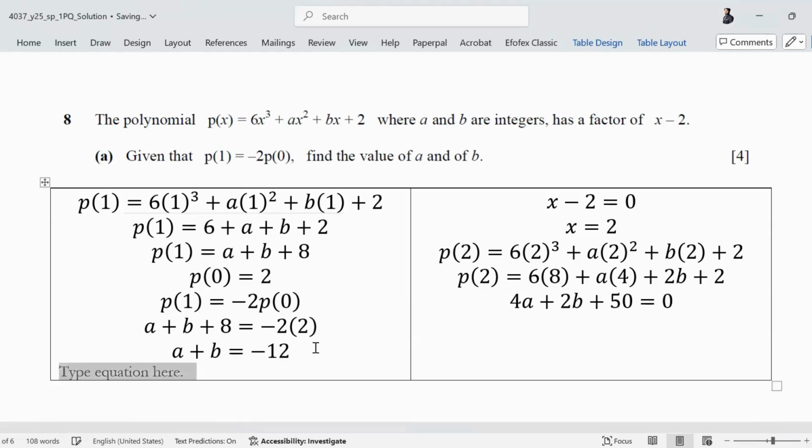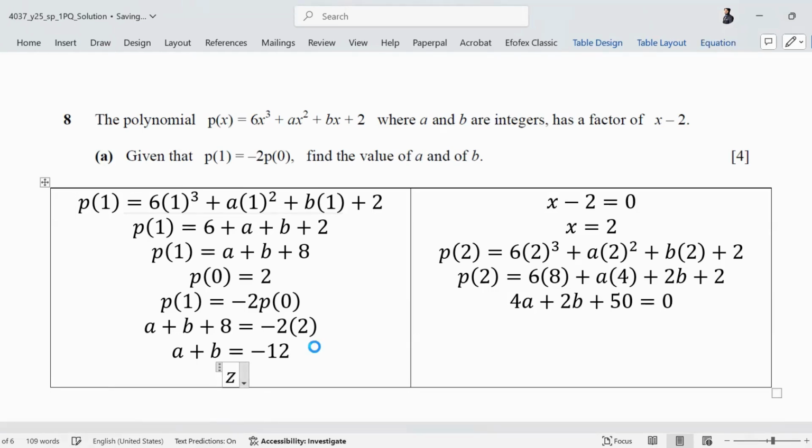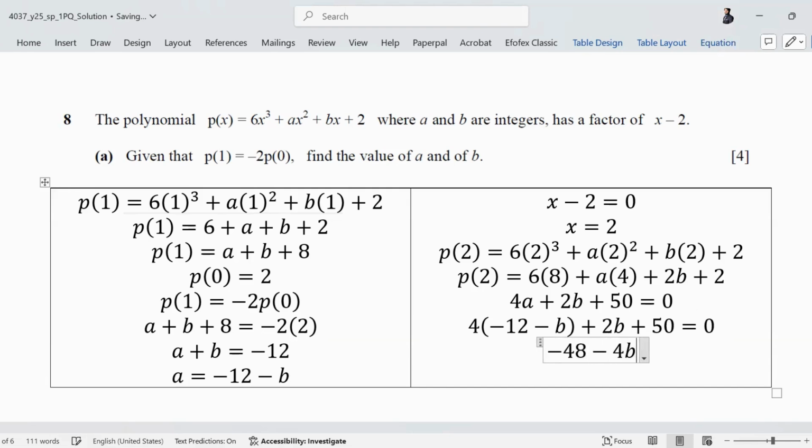I can simply make a the subject of formula in the first one. a is minus 12 minus b, and I can plug it in here. 4 times minus 12 minus b plus 2b plus 50 is 0. So minus 48 minus 4b plus 2b plus 50 is 0.